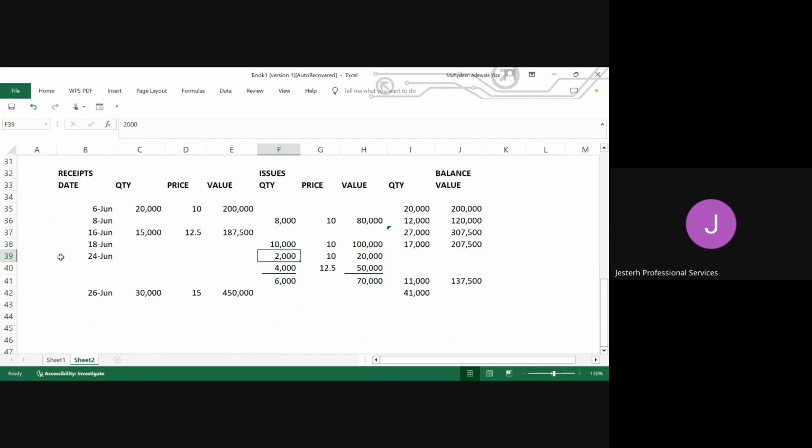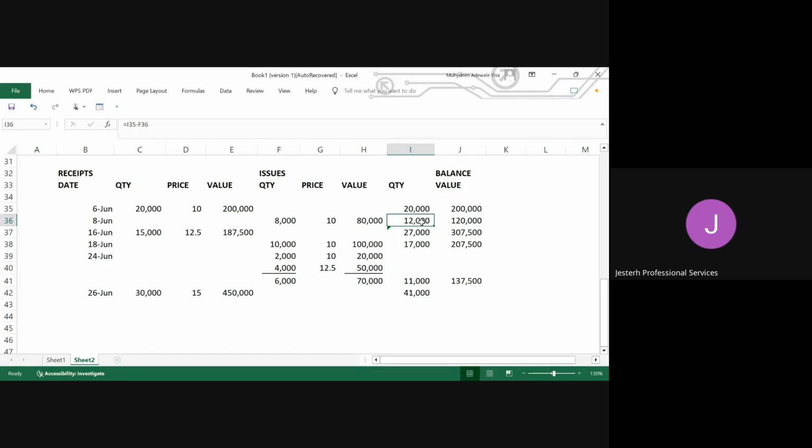On the 24th, they asked us to issue 6,000 units out. But from the old stock, we are still having 2,000 units after we have already issued out 10,000 from the old 12,000.